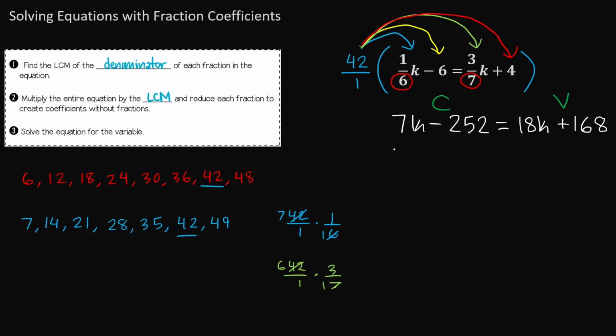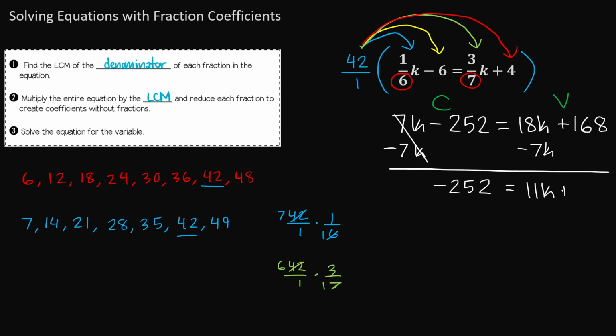To do that, I will use inverse operations. The opposite of adding 7k would be to subtract 7k from both sides. This cancels. We're left with, careful there, negative 252 is equal to 18k minus 7k, which is 11k, plus 168.